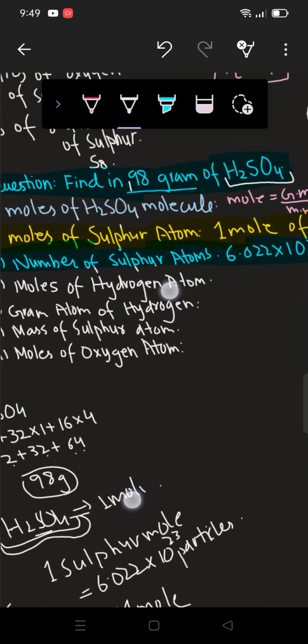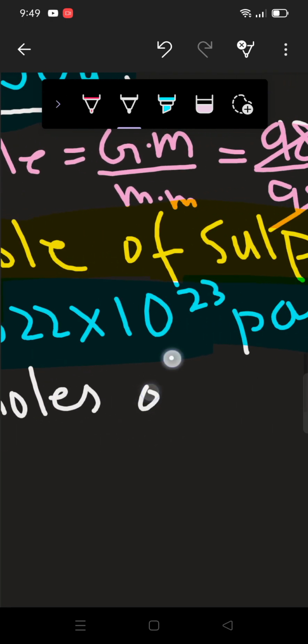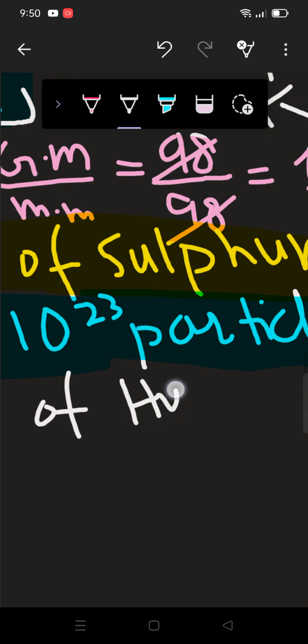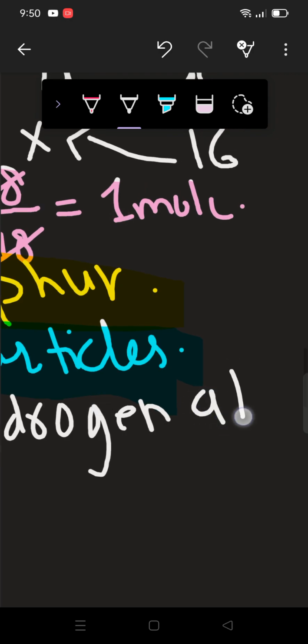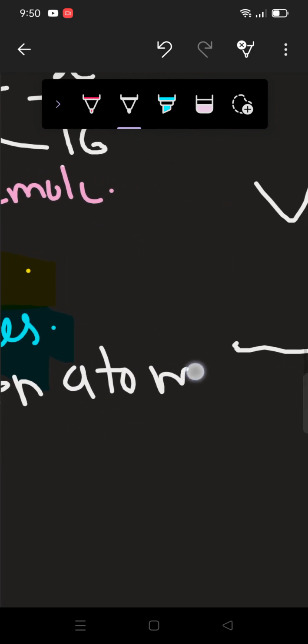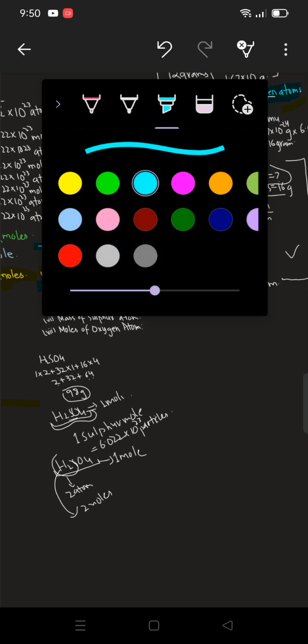So how many moles of hydrogen atom we have? There are basically 2 moles of hydrogen atom, right? So we have done our fourth part as well.